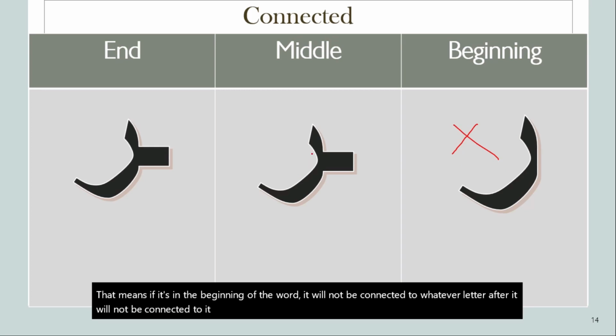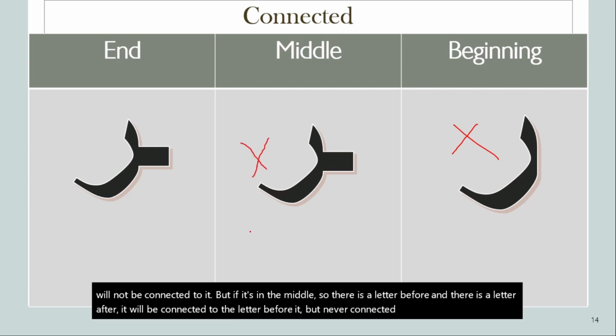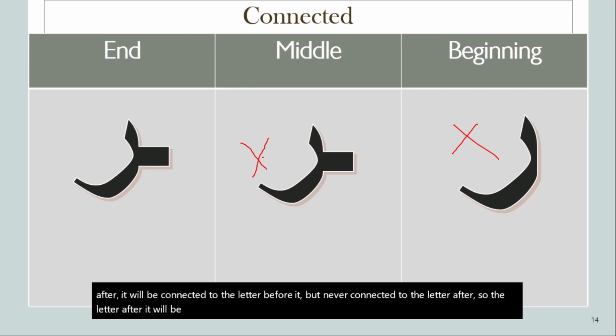But if it's in the middle, so there is a letter before and there is a letter after, it will be connected to the letter before it, but never connected to the letter after. So the letter after it will be isolated, or not connected to it. And if it's in the end, it will also be connected to the letter before.